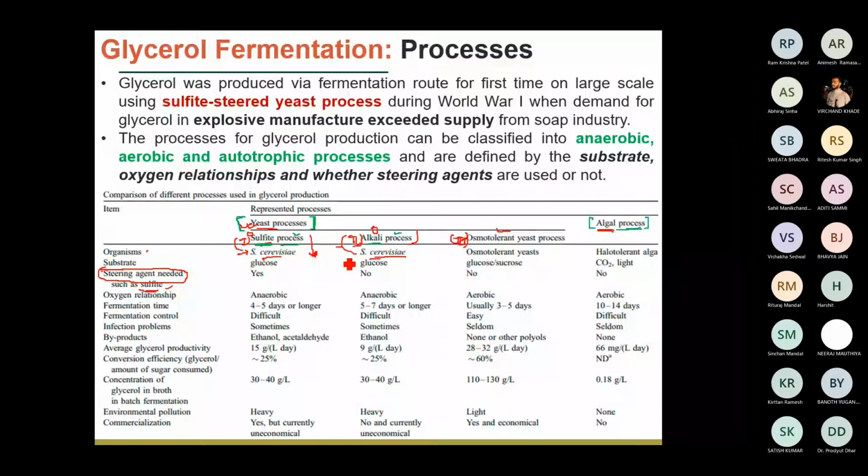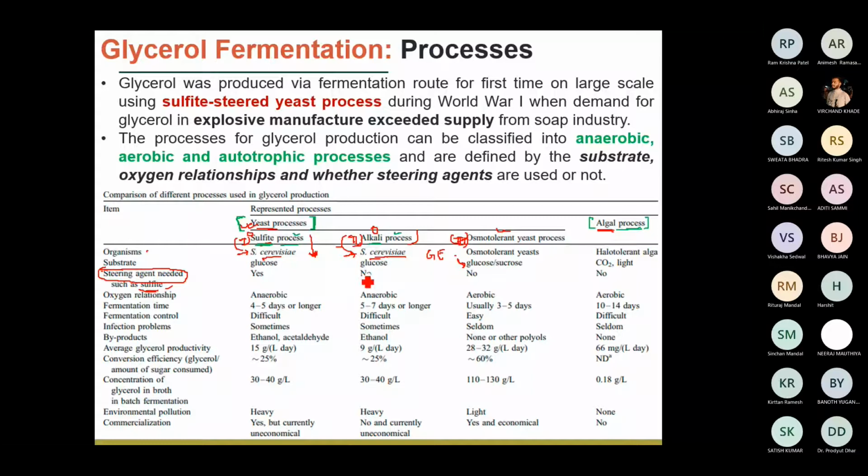Osmotic pressure against what? Against the high concentration of glucose or sucrose used during the fermentation, as well as against the glycerol that is produced with the fermentation time. The steering agent is required for the sulfite process, which is not required for the osmotolerant process as well as the algal process.